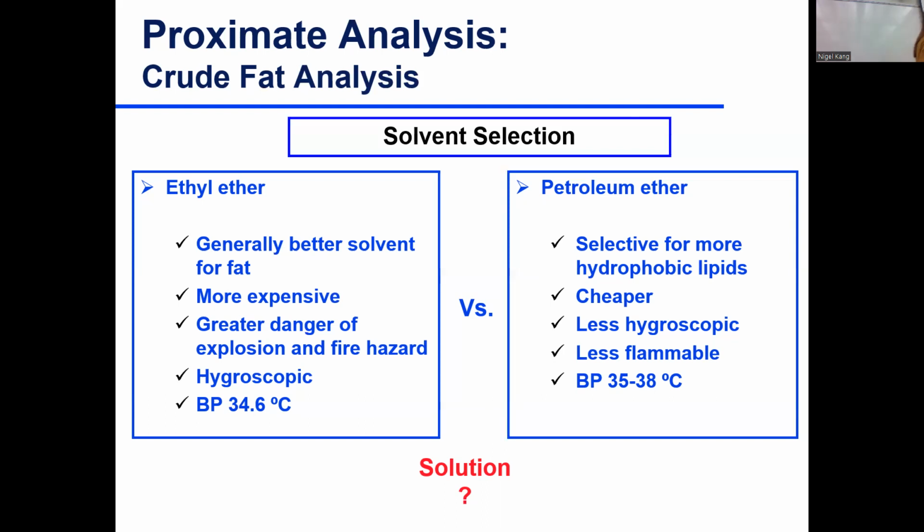And then ethyl ether is hygroscopic. So over time, because it absorbs moisture, it loses its efficiency. So what can we do? We can combine these two solvents together and use that combination at the ratio of 1:1 or different ratios.